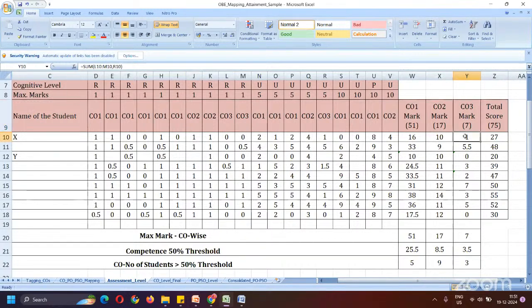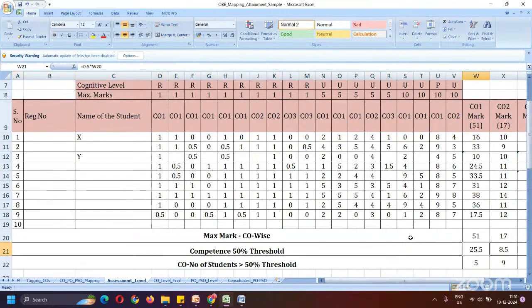So what has each individual student scored out of all these COs? This particular student has scored only 16 out of 51. Then I will be calculating the threshold for each student. I have set the threshold as 50 percent, which means the benchmark I have set for this assessment is that at least 50 percent of students will pass through this CO1. 50% of 51 is 25.5.